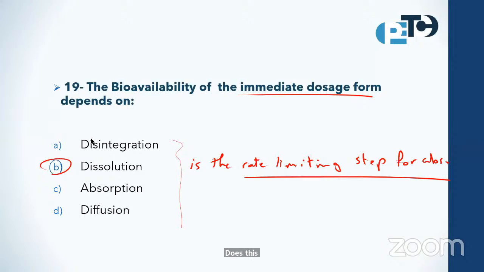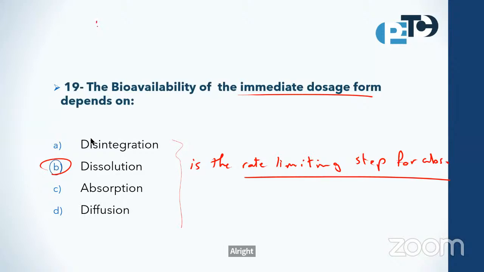Because the record states that disintegration is a rate limiting step for controlled release formulations. Modified release, that's what we remember, that disintegration is the rate limiting step for enteric coated tablets. Please, take it step by step with me.